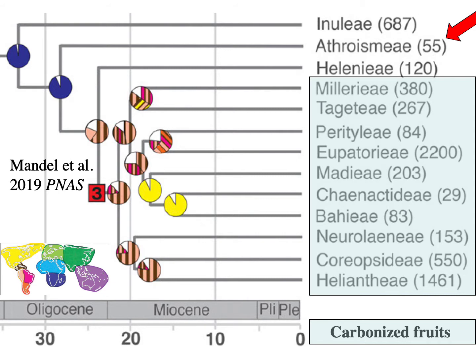And you can see that the sister to the rest of the Helianthe Alliance, with a red arrow there, the Athroismae, is an Old World endemic group, an African group of low diversity. The numbers in parentheses after the tribal names are the number of species estimated for each tribe.